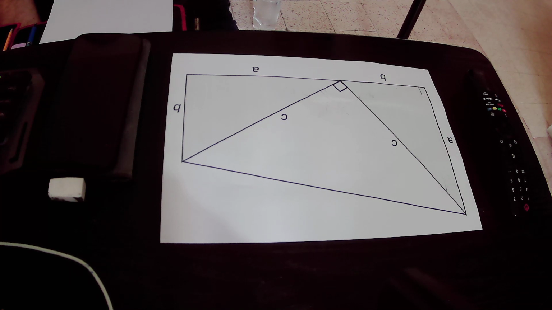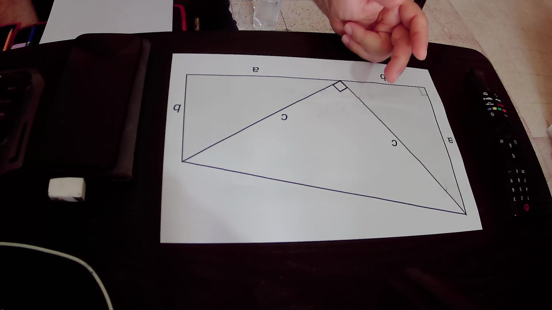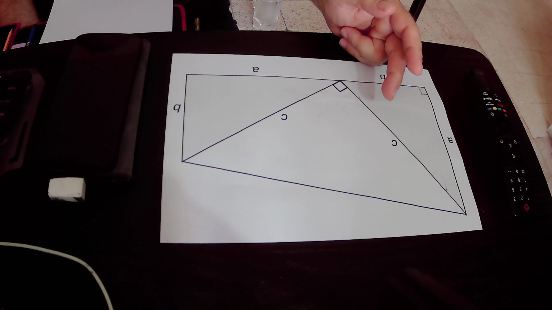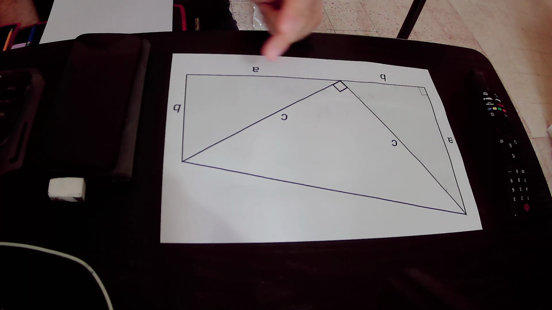Okay, so if the third side in the right triangle is C, it must be C in the left triangle.